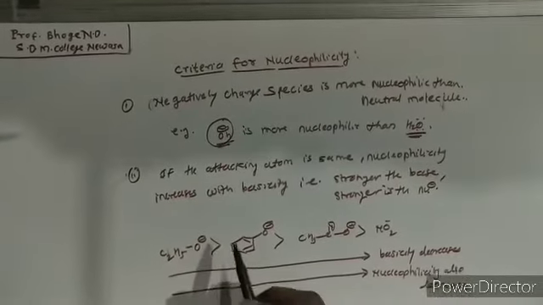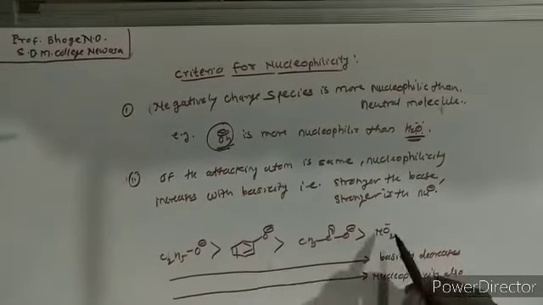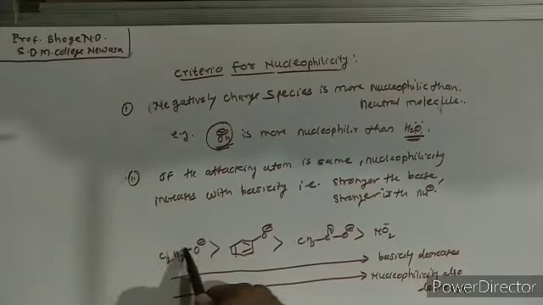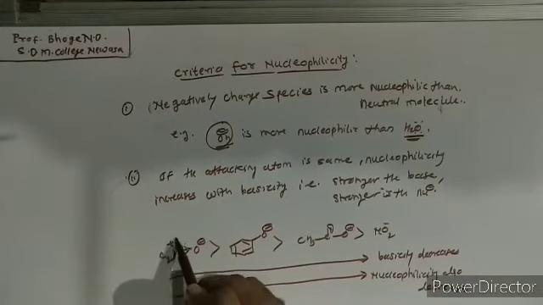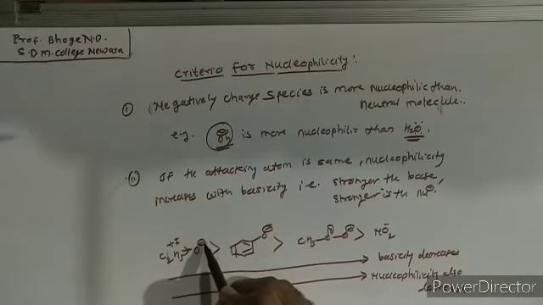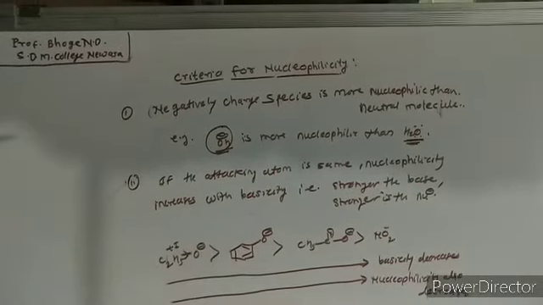Because in this case, if we see the structural effect, there is a plus I effect of the ethyl group, which destabilizes the negative charge, making it more nucleophilic, because it wants to give its electron faster to the other atom.